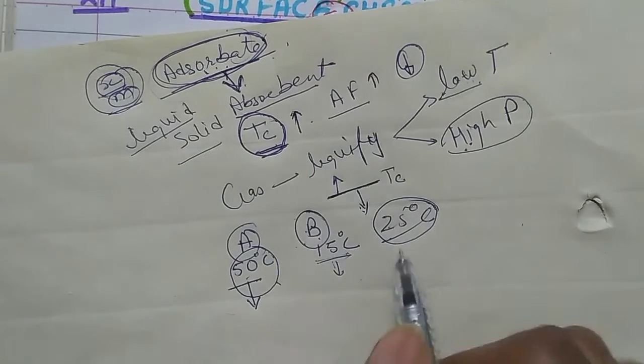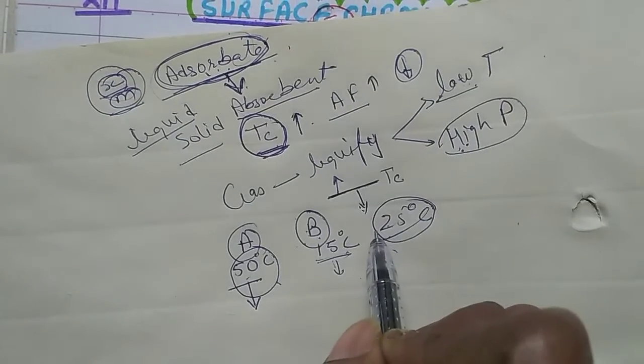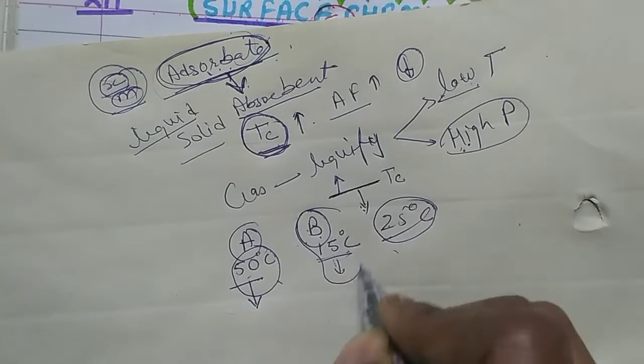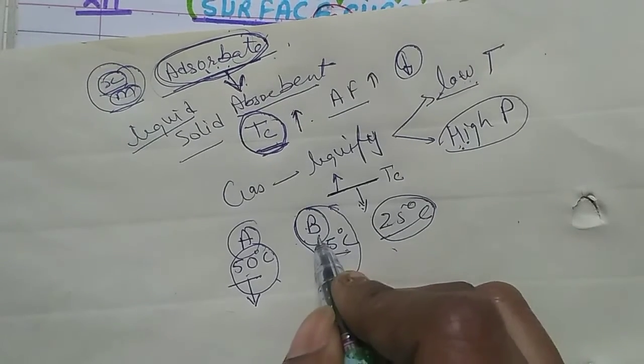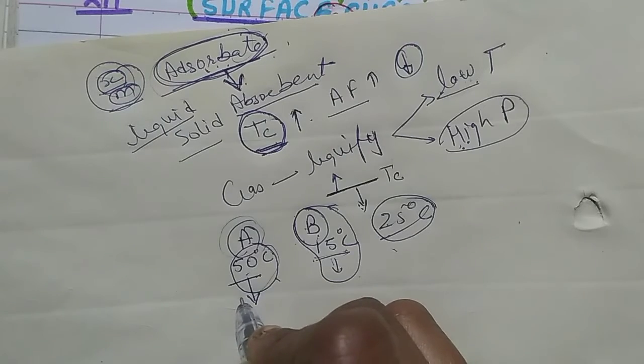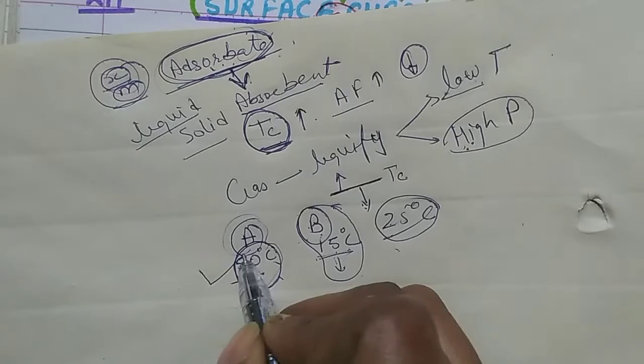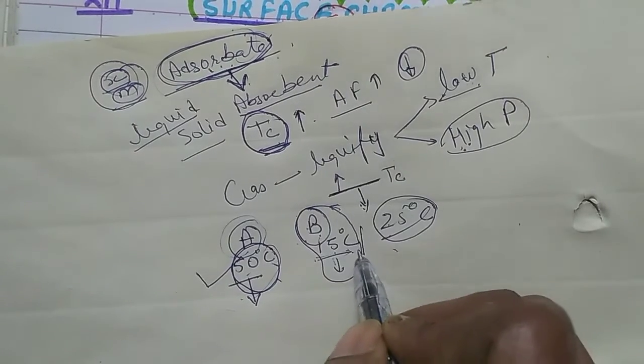And after that we have to increase the pressure to liquefy the gas. It means more and more effort is needed to liquefy gas B, while gas A can be liquefied easily. Why? Because its critical temperature is high and the other's critical temperature is low.